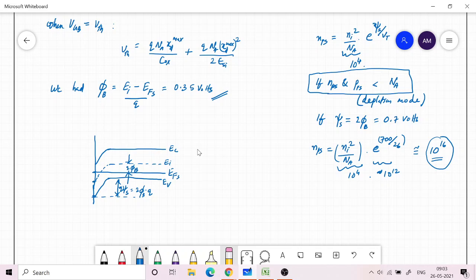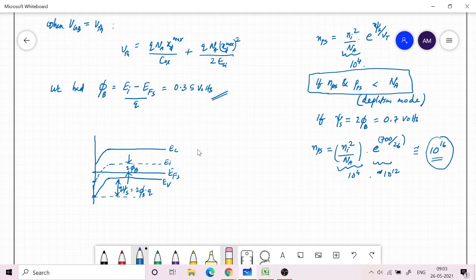Why? Because you don't need to push away the electrons, or the holes, in order to uncover a larger and larger area of the depletion width. You don't need to increase the depletion region width. How does the depletion region width increase? By pushing away the holes from underneath the oxide region.